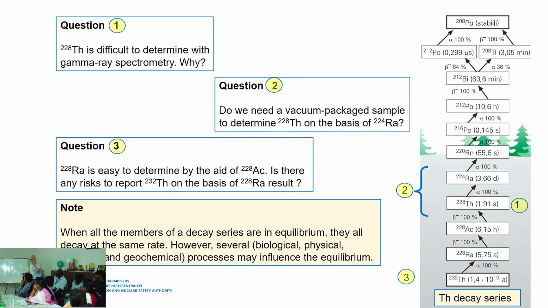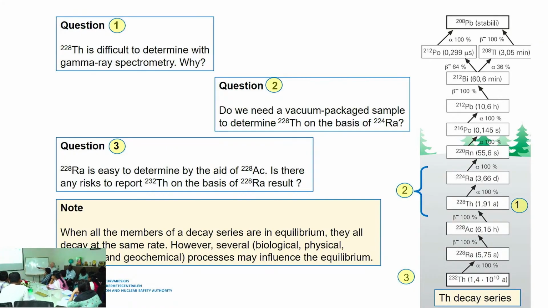So what we decided in STUK that we do not report thorium except when we are analyzing rocks, stones, and some other construction materials. Because we are not absolutely sure that there is an equilibrium. Then we report only this one.